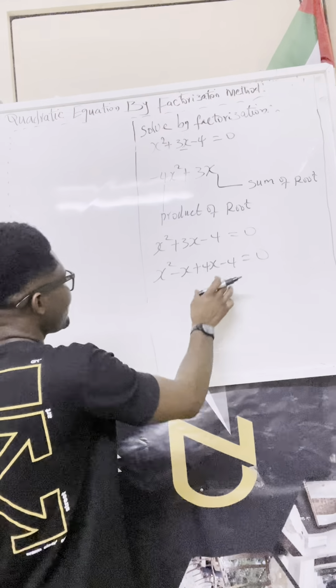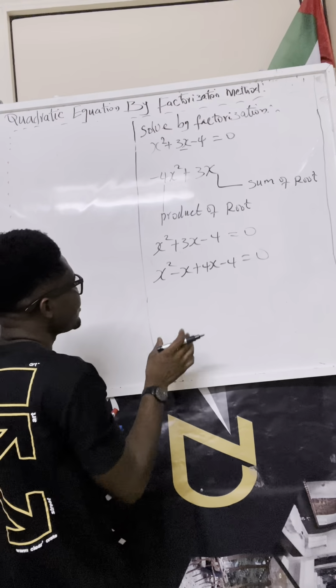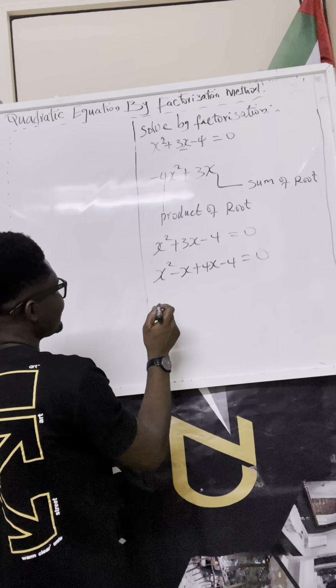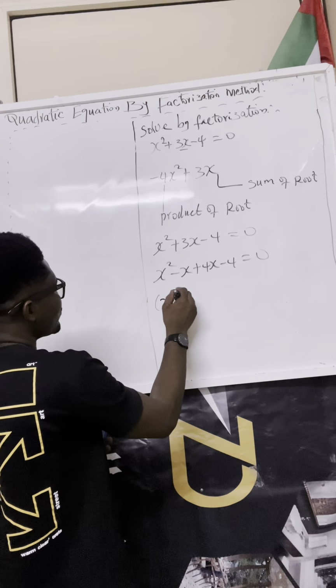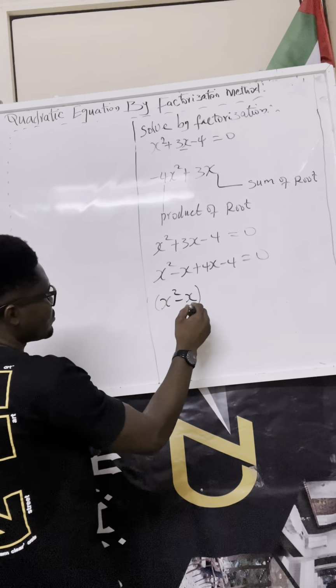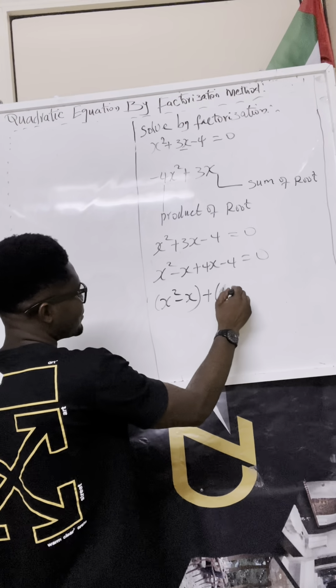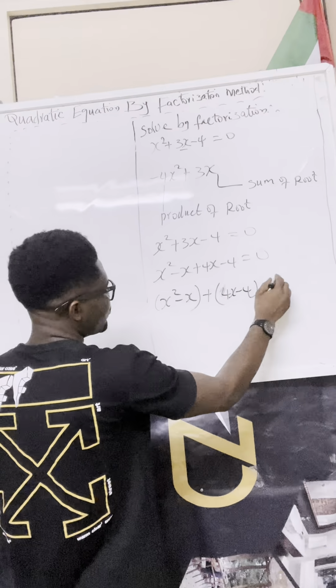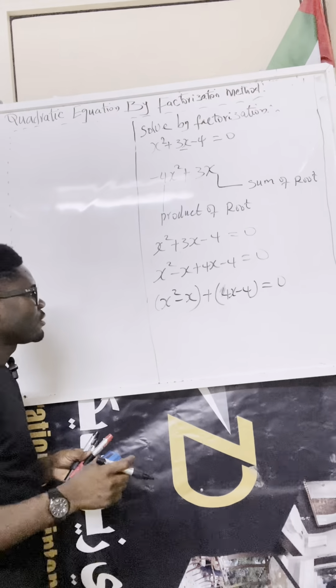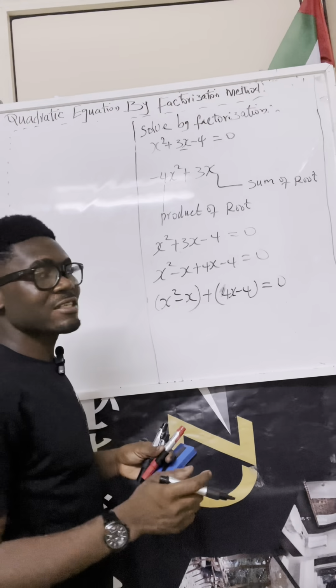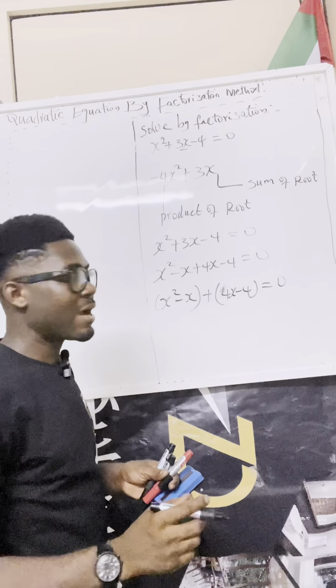So reaching this level, the next thing you need to do is pair this in brackets. You have x squared minus x, you close, plus bracket 4x minus 4 equals 0. Since you have paired this, the next thing is to factor out.